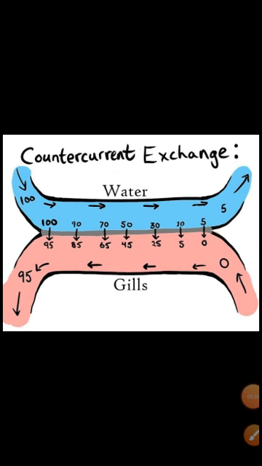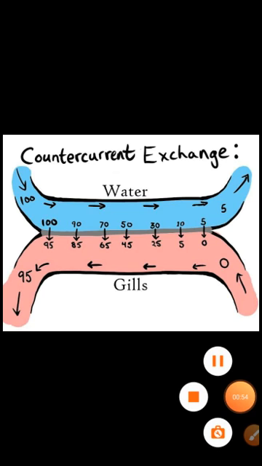This is a diagram from a gill. The countercurrent exchange mechanism takes place in different places in the body of organisms, but the most abundant example comes from the gills, right?